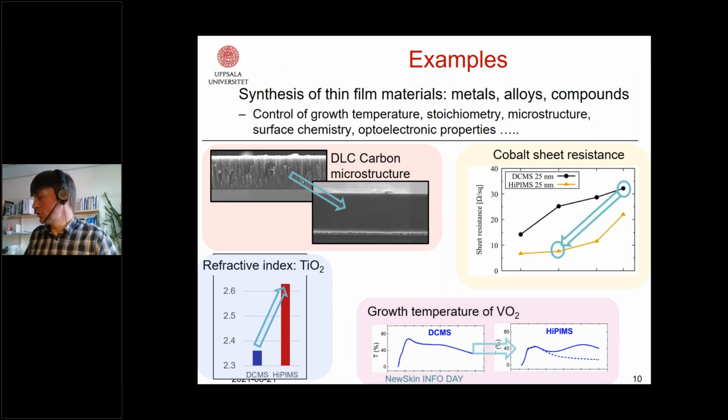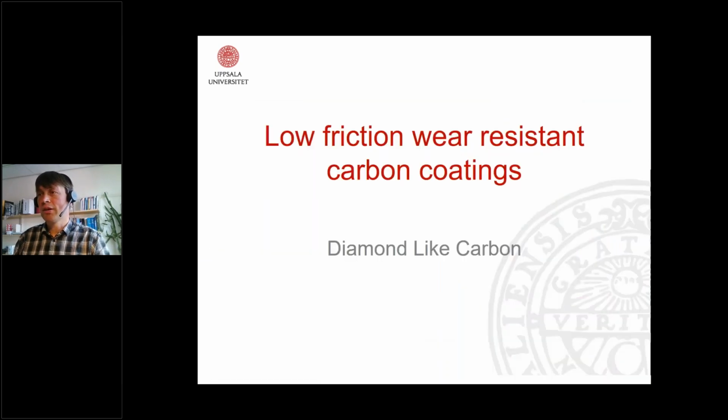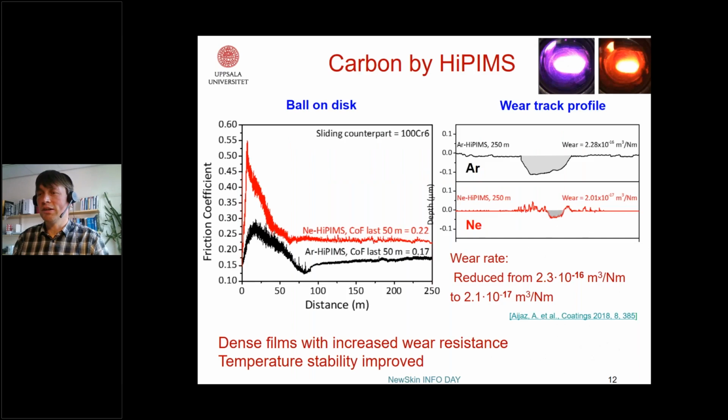Since I am not sure about your background, I thought I would take maybe 2 or 3 different cases. When I see the time, I will do this very briefly. So I will start with carbon, because diamond-like carbon or carbon-based coatings are very widely used.